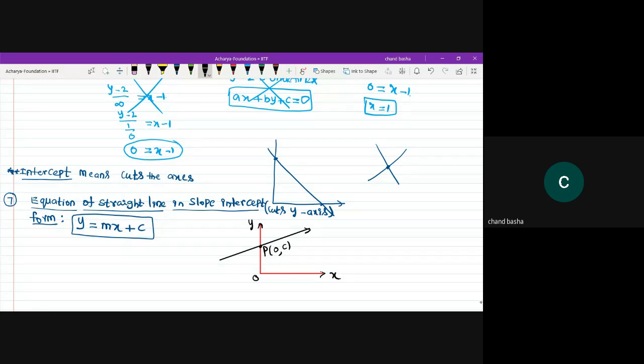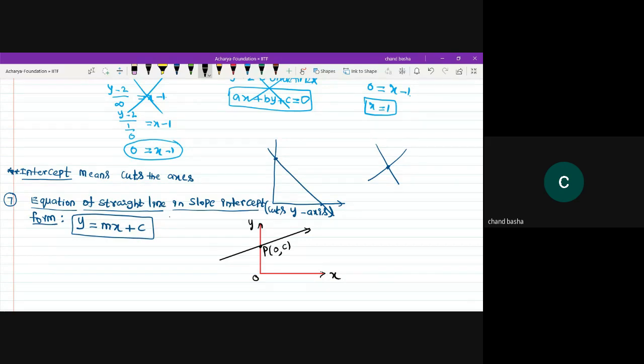So the point on the y-axis is c. On the y-axis, x value is 0, and on the x-axis, y value is 0, as you said in the first and second points. The P point has x coordinate 0 and y-intercept c.